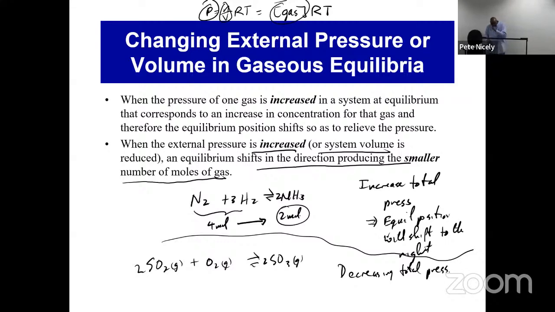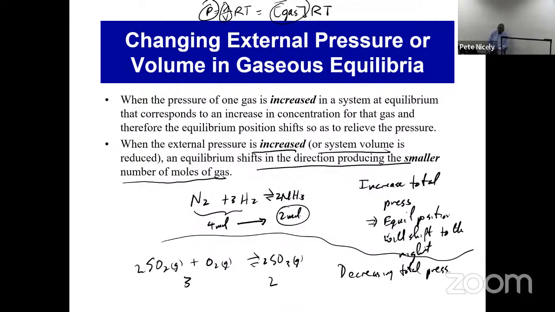What do we look for in order to answer that question? The total number of moles on either side, right? So what's the number of moles on the left side of that equation? And what's the number of moles on the right side of that equation?